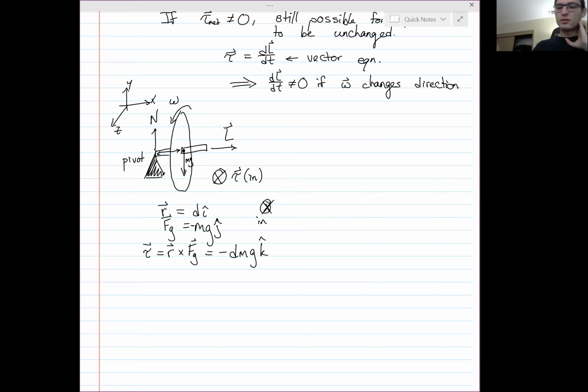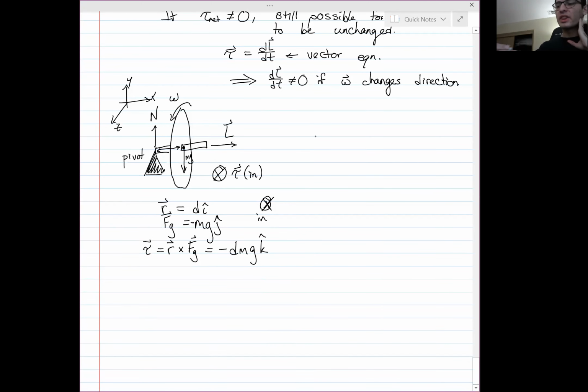So assuming that all of our deltas that I'm about to write are very small, Newton's second law gives us this formula: delta L, the change in angular momentum, is the torque times a small amount of time that's passed.